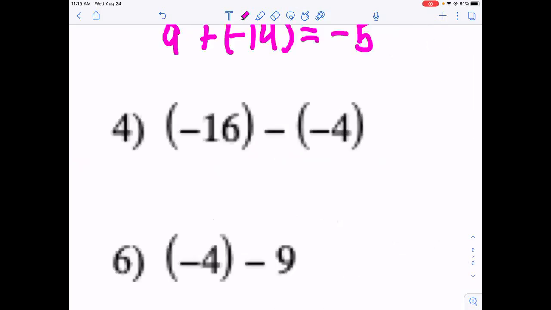Number 4. All right, so keep -16. Change not the plus, but just to a positive 4.